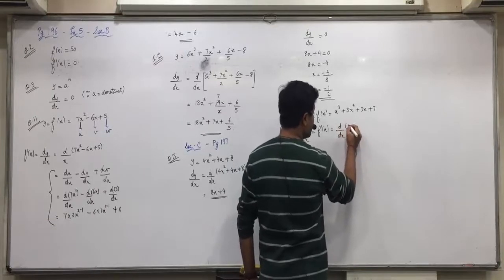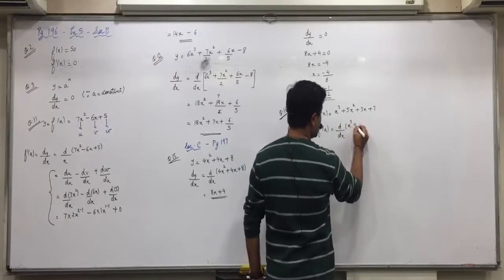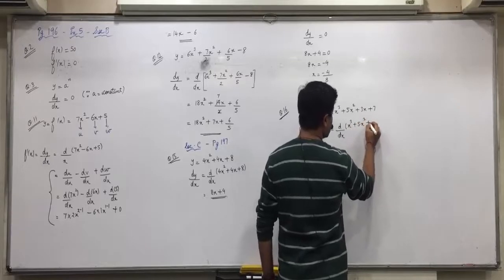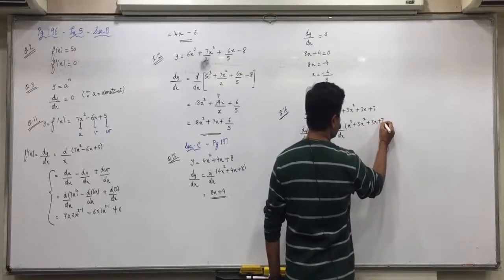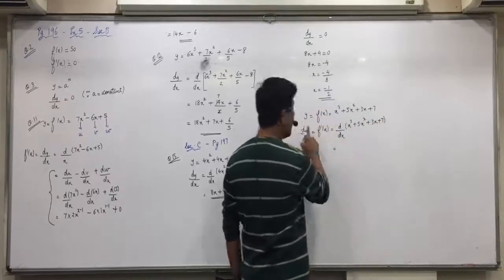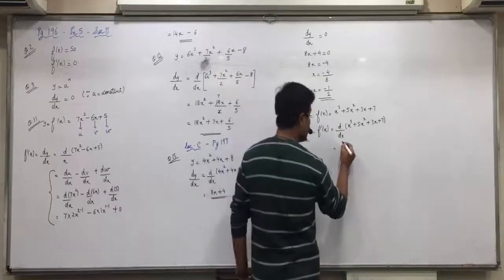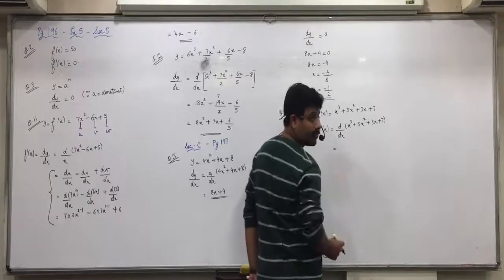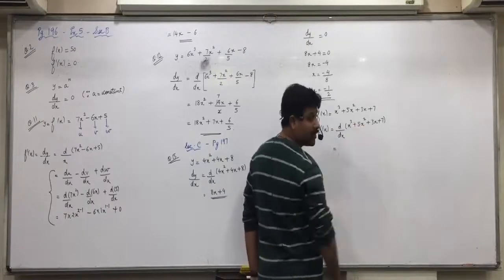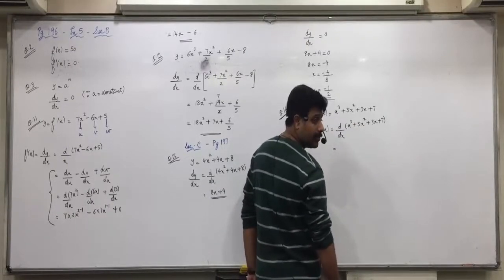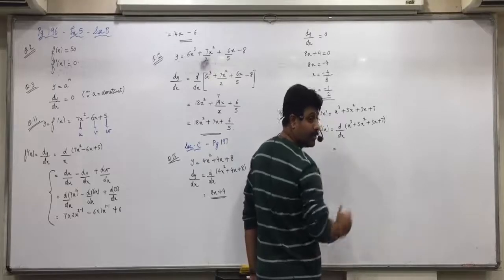d by dx of x cube plus 5x square plus 3x plus 7. In place of y, we'll put the whole function. Next, x raised to n minus 1. x square, 3x square.